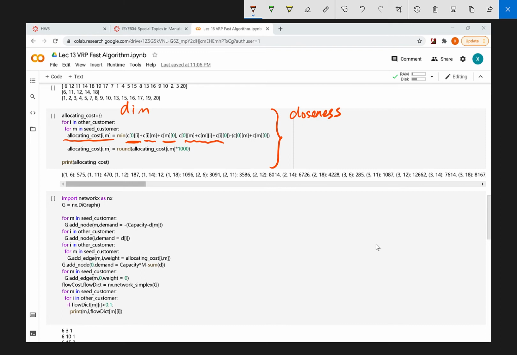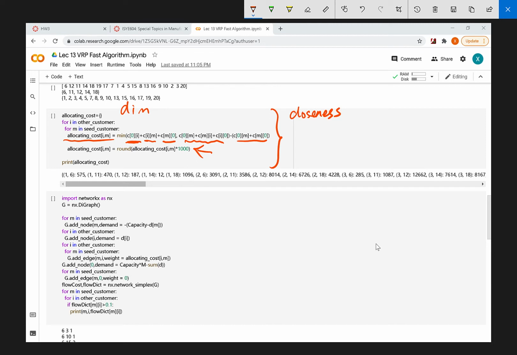We take the minimum of these two, and then subtract the travel distance from the depot to the center. To better utilize our minimum cost flow assignment problem, we guarantee that the allocating cost, or closeness, is an integer. So we multiply this value by 1000 and round it to an integer to differentiate the distance from the customer to the centers.